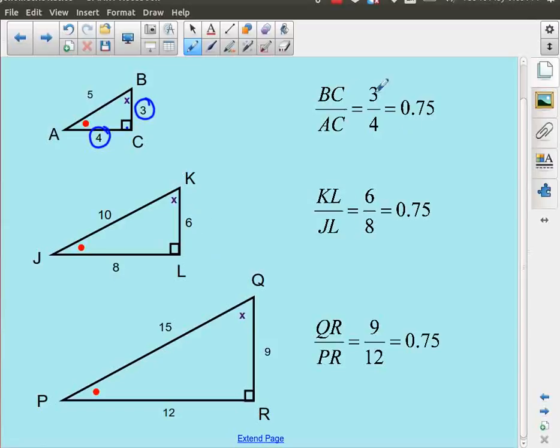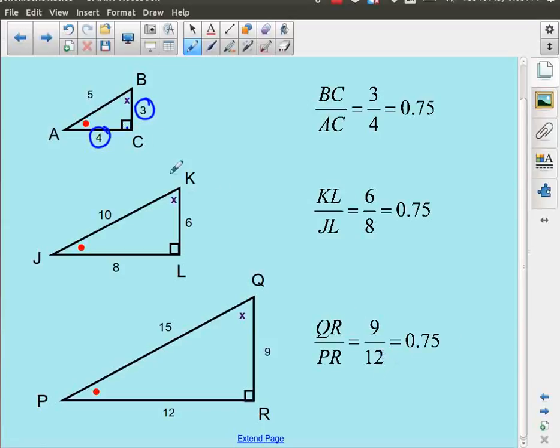So the first one gave me 3 over 4, which is 0.75. The second one gives me 6 over 8, which of course is 3 over 4 as a reduced fraction, or 0.75. And then here, if I do a ratio of the vertical side over the horizontal side, QR over PR, 9 over 12, that reduces to 3 over 4, which is 0.75.